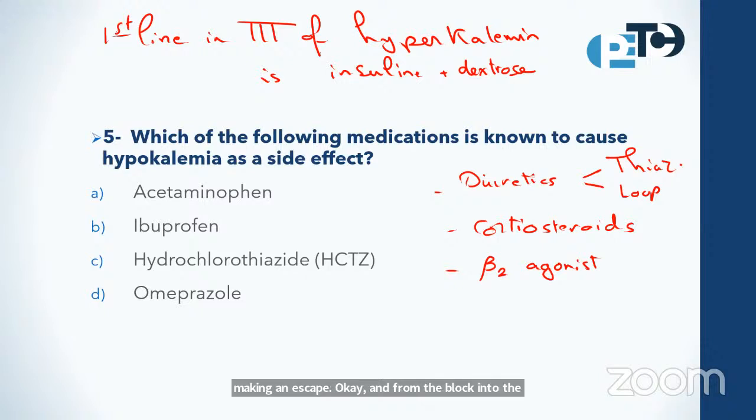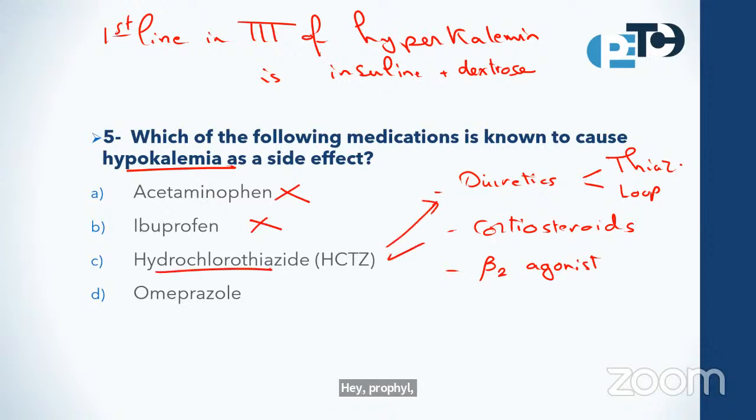So let us see the question. Which of the following medications is known to cause hypokalemia as a side effect? Acetaminophen or paracetamol, ibuprofen, hydrochlorothiazide. It is one of the diuretics that leads to hypokalemia.